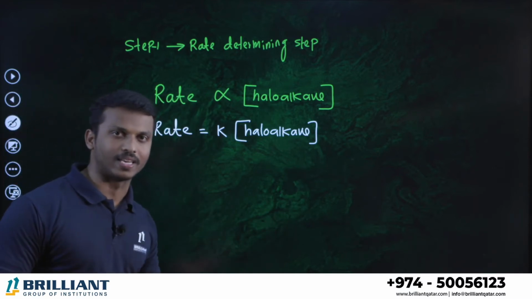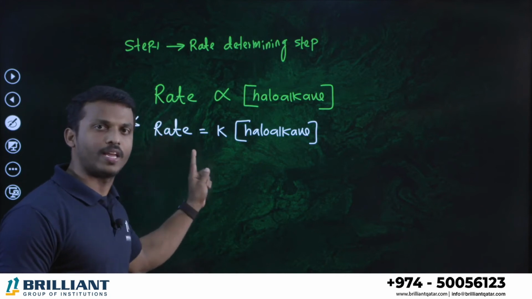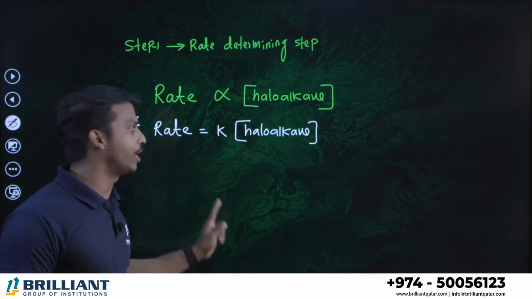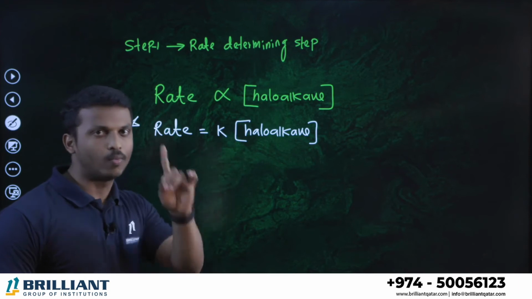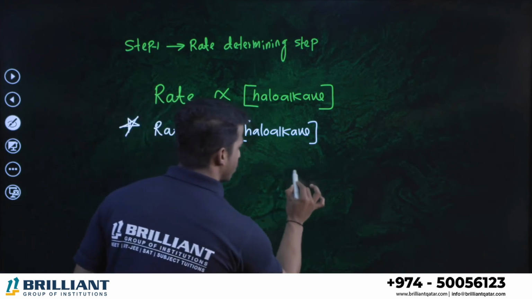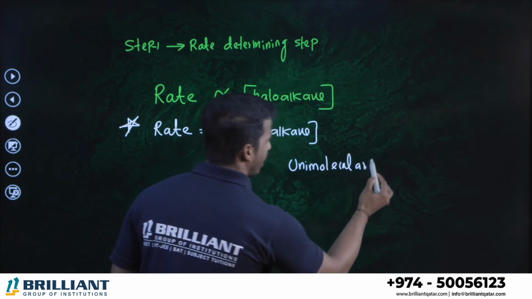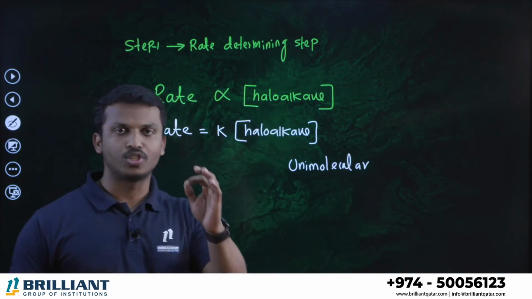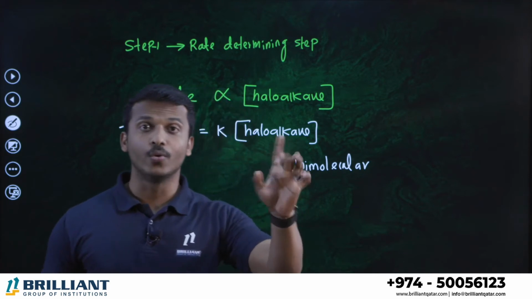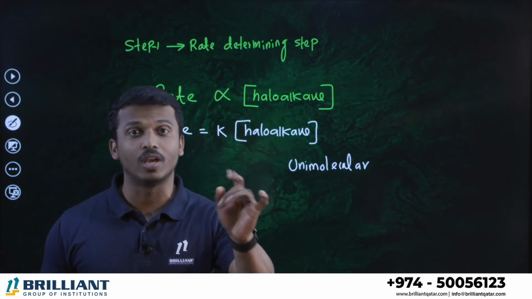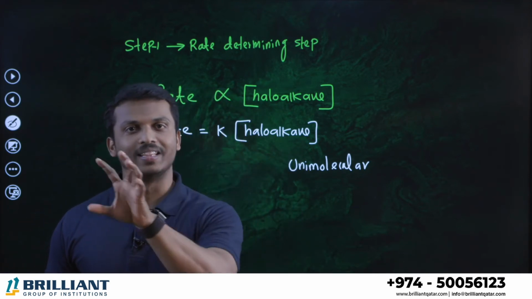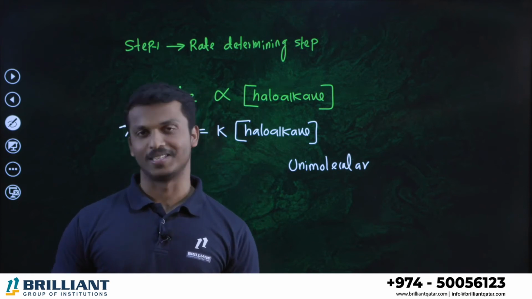So in the SN1 mechanism, the rate of a reaction depends only on the concentration of haloalkane, only one species. Therefore, it is called unimolecular. In SN1, what's the full form? Substitution nucleophilic unimolecular. Why unimolecular? Just one molecule is there on the reactant side in the rate determining step.